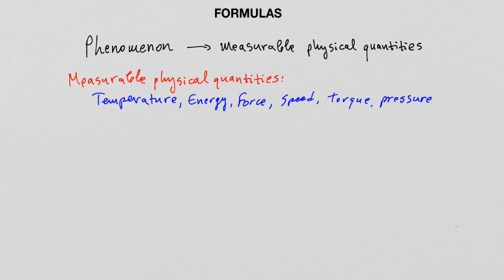Some examples of measurable physical quantities are temperature, energy, force, speed, torque, pressure, and so on and so forth. And so these physical quantities do not have fixed values. Their values can change in a wide range of values. And so because of that, these quantities are also known as variables.